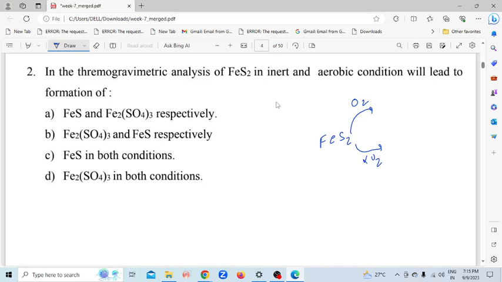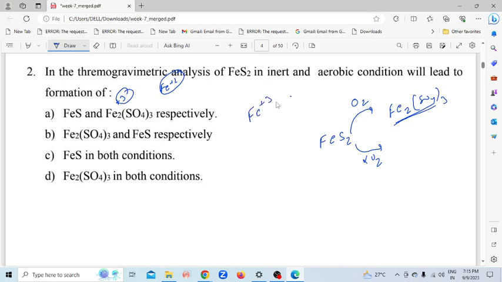So in presence of oxygen it will make ferric sulfate. Why is it ferric sulfate? Because iron is in the +3 state. Whenever an element is in a higher oxidation state it is called ferric; if it is Fe+2, then it is called ferrous, but now it is ferric. So it will make Fe2(SO4)3. I think you are able to write this. How is the formula written?